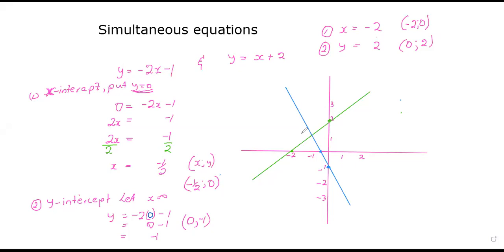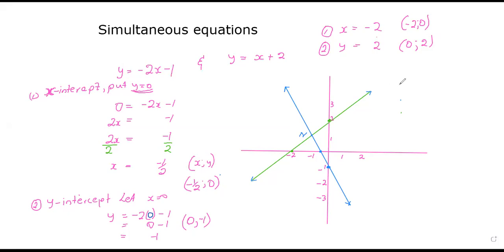Let's call this point N. Now, at this N, which is the point of intersection, is where the two graphs are equal.